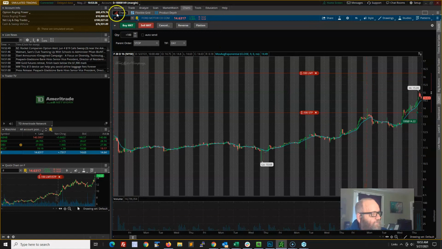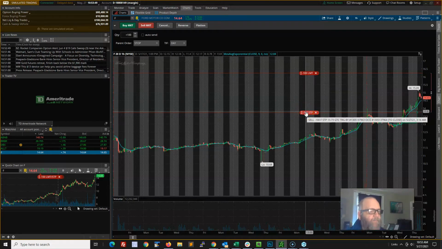So F is Ford, and it has some news because of the electric truck, the F-150, probably. And I bought into that today at 14.22 with 100 stocks. Then in order to implement the 4-to-1 risk management strategy, I put a stop order 50 cents below that. So if the stock goes 50 cents below the price that I paid for it, I'm going to sell it.